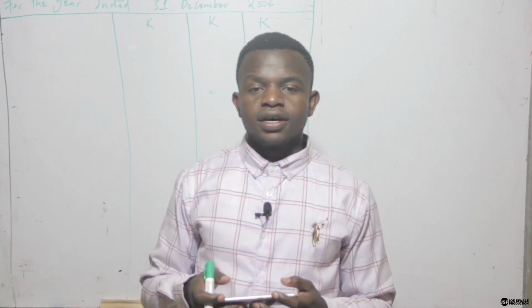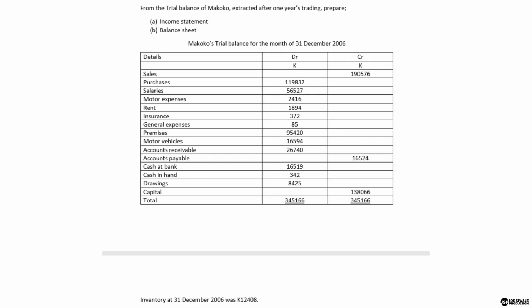So we have the first example, and you can read the question on the screen. From the trial balance of Makoko extracted after 1 year's trading, prepare A, income statement, B, balance sheet. So we have Makoko's trial balance for 31st December 2006. So we are having sales amounting to 190,576.